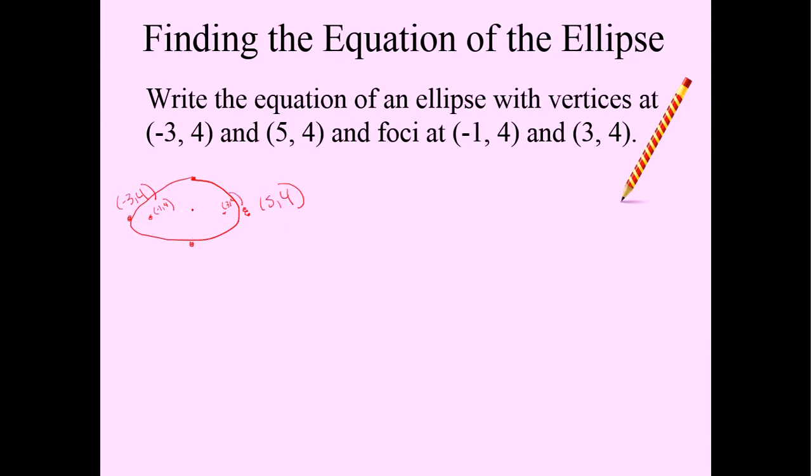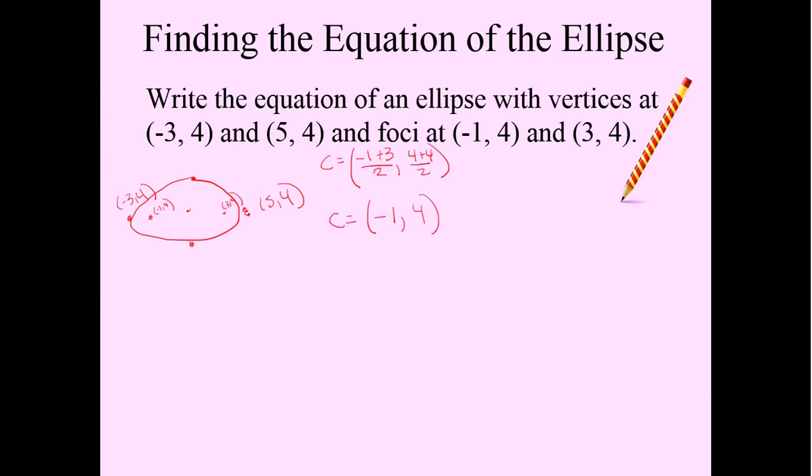Well, we need to find the center. So let's find the center based on our midpoint formula. I'm going to find the center from the foci because the center has to be in the middle of the vertices and the foci, and I get to work with smaller numbers. So -1 plus 3 over 2 and 4 plus 4 all over 2. So my center is at 1, 4.